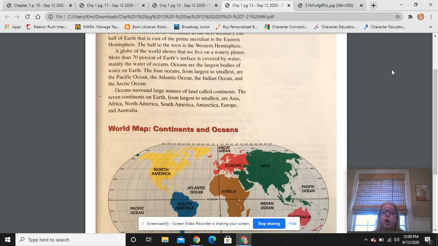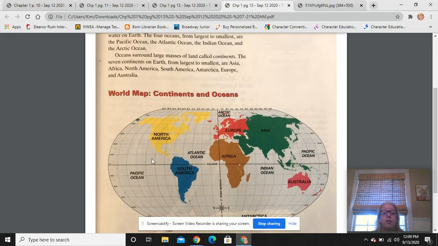Oceans are the largest bodies of water on Earth. The 4 oceans from largest to smallest are the Pacific Ocean, the Atlantic Ocean, the Indian Ocean, the Arctic Ocean.